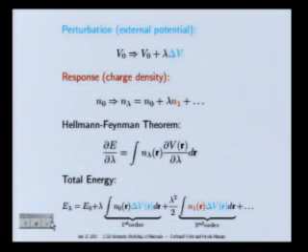But in general, the problem is just this. Perturbation theory looks at what happens to a certain system that has an external potential V0 when you add a perturbation. And the perturbation is parameterized by a certain strength lambda.